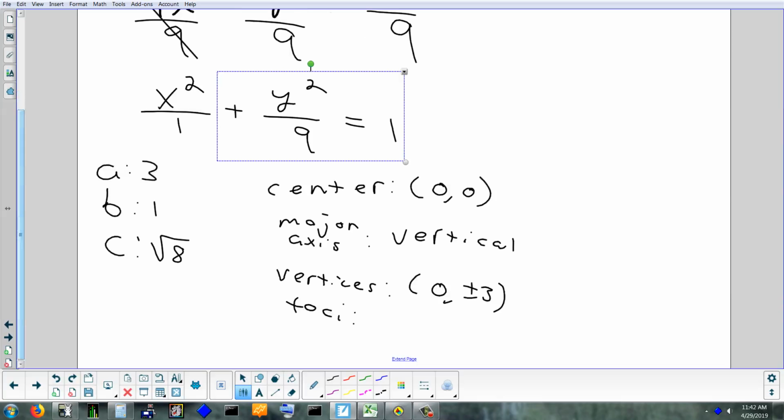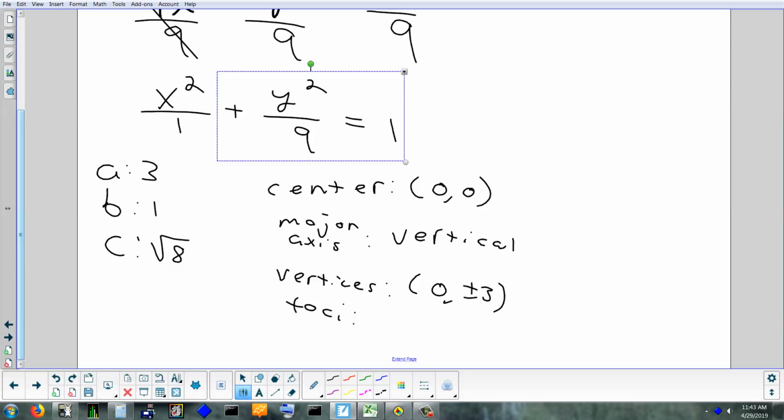And lastly, how far are the foci from the center? C is the distance from the center to the focus. What's the distance from the center to the focus here? Square root of 8. The foci are going to be square root of 8 units away from the center.